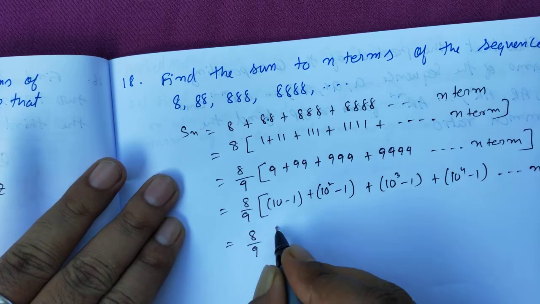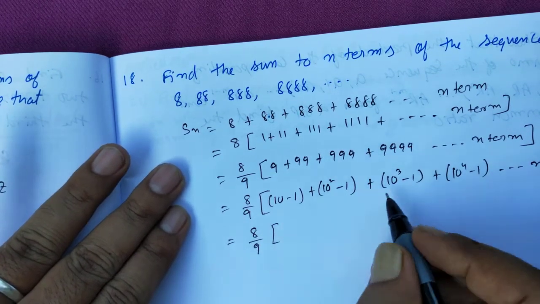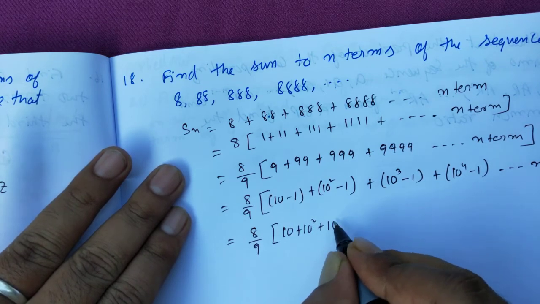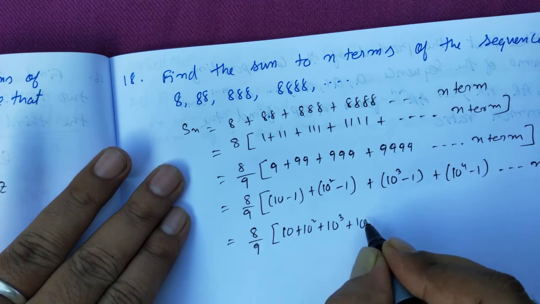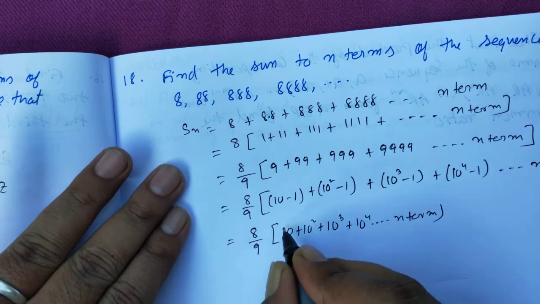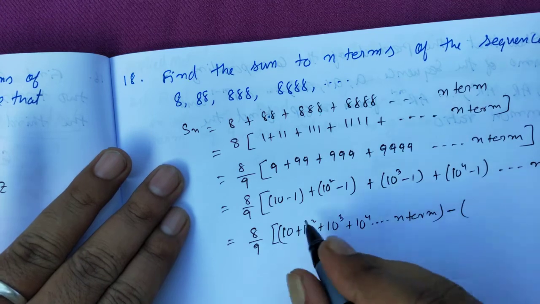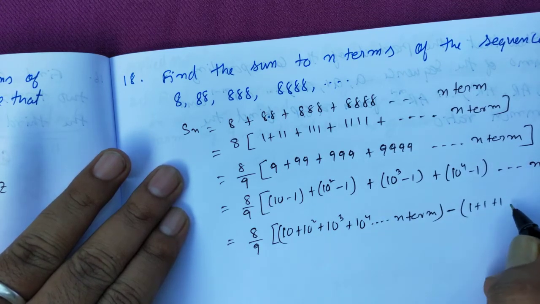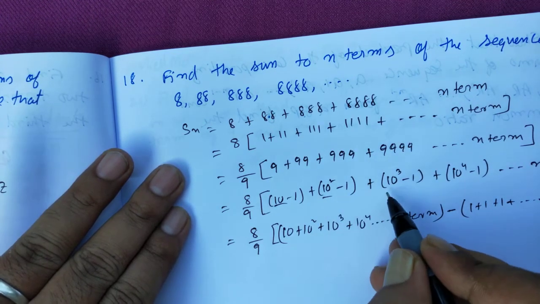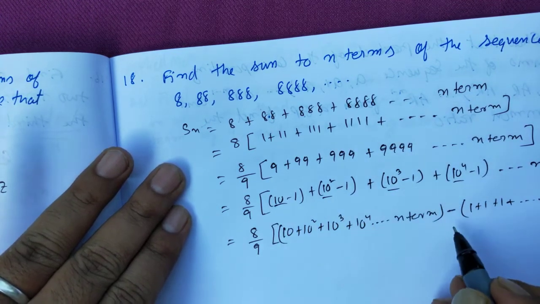8 by 9. All the 10s you can write together: 10 plus 10 square plus 10 cube plus 10 power 4 till nth term. Minus 1 plus 1 plus 1 plus 1 till n terms. So this part I'm writing together, and minus 1 minus 1 minus 1.